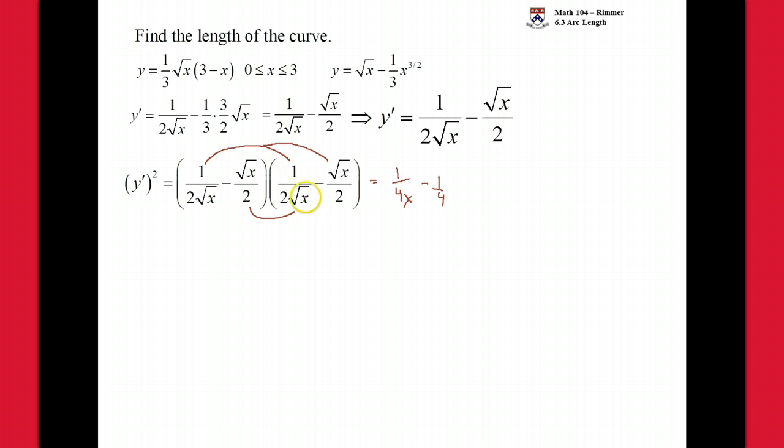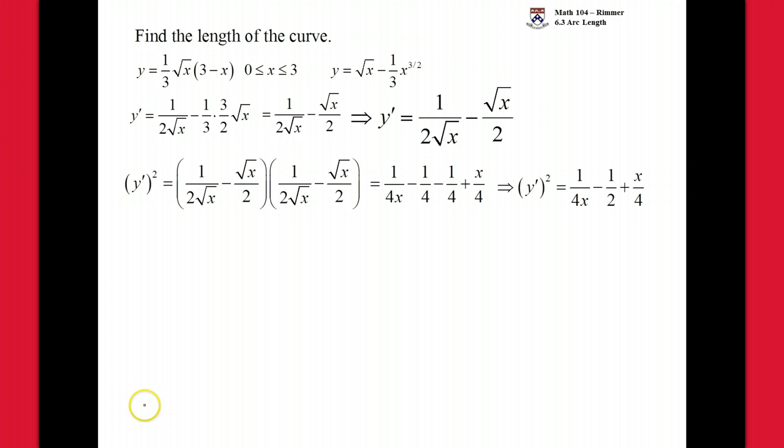The root x is canceled, and you get negative 1/4. And then finally this one, root x and root x is an x, 2 and 2 is a 4, so we get plus x over 4. And these guys combine to be a negative 1/2. Okay? Alright, great.